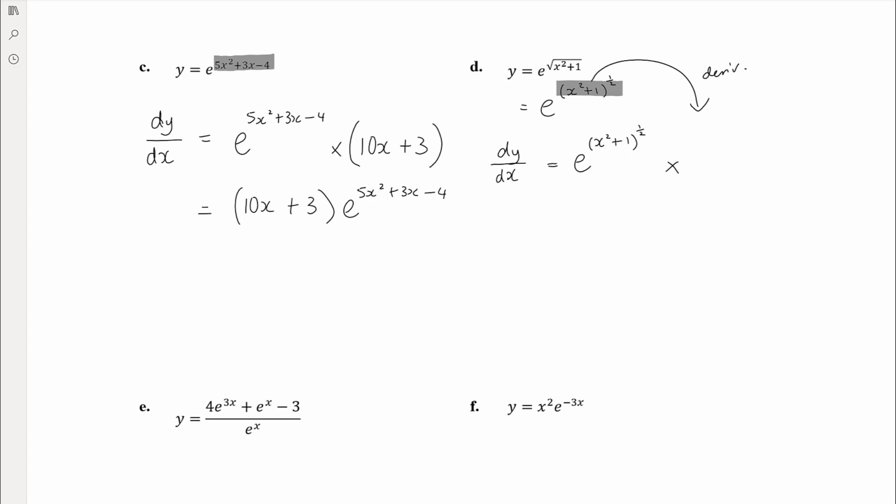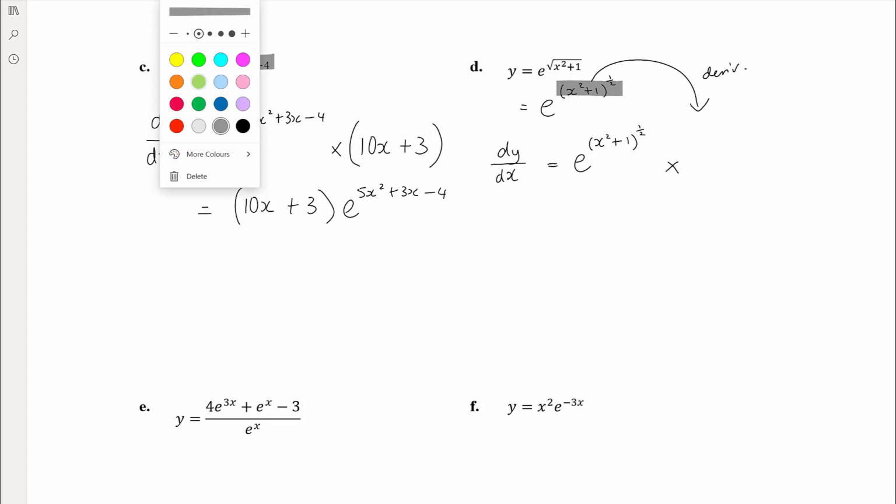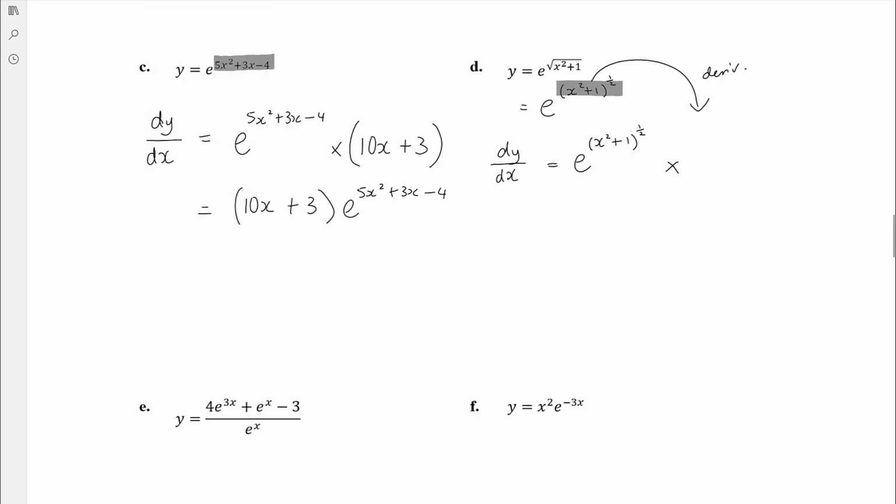So again, you're thinking about covering up the inside. You've got something to the power of a half, so that's going to be half times something to the power of negative a half, and then you'll need to multiply by the derivative of that something, so the derivative of x squared plus 1, which is 2x.